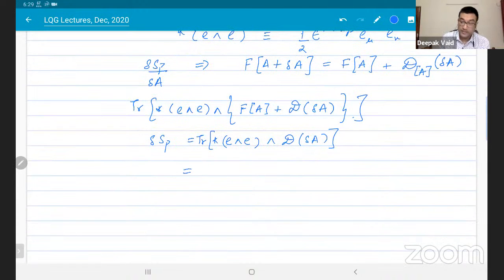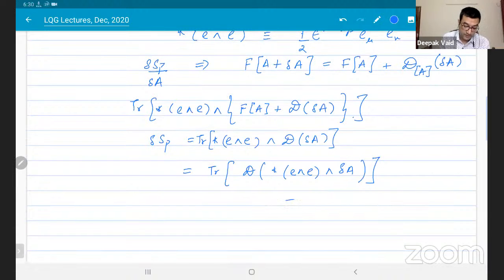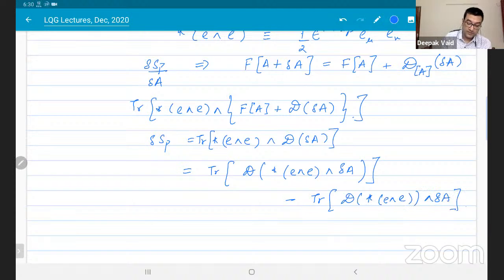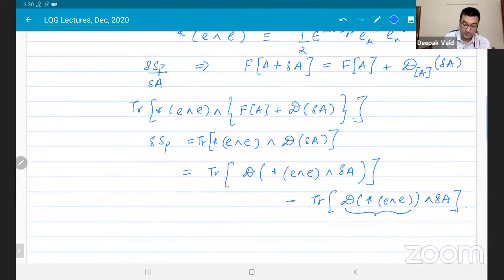Now we perform an integration by parts. So we get a net derivative term, which looks like this: E wedge A, and the other term is the part that gives us the equation of motion for the connection.